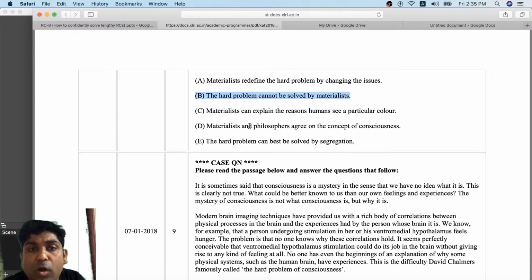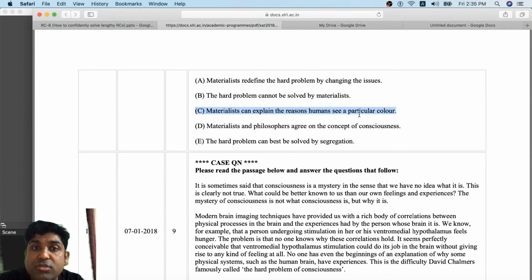It was easy because of all the other options: materialists and philosophers agree on the concept of consciousness? They don't agree on consciousness. They said that one day they can solve it. A hard problem can be best solved by segregation? Segregation was nowhere mentioned. It was the perspective of looking at it that was mentioned. Materialists can explain the reasons humans see a particular color.